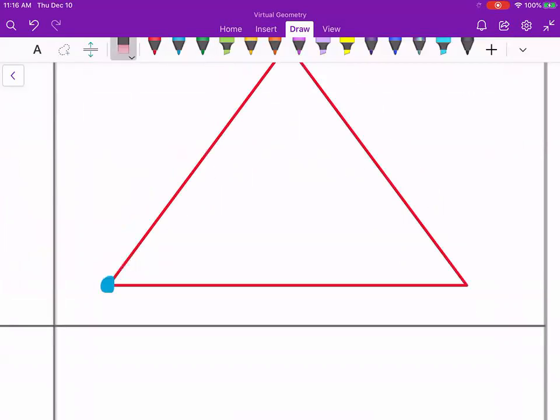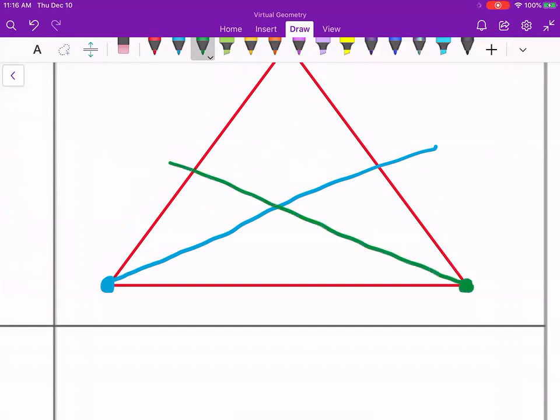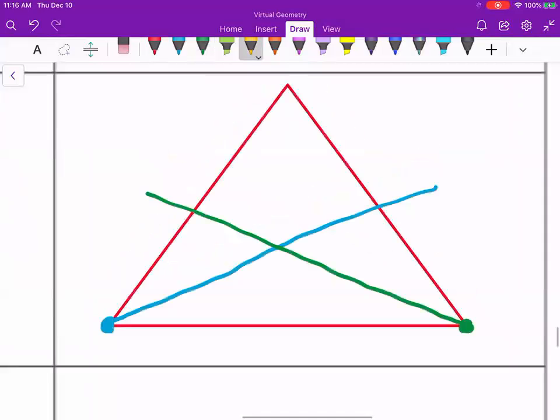Let's try that again. That's better. All right, so there's one. I'm going to do the same thing to the one on the right. Okay, and then I'm going to do the same thing to the one at the top. Okay, and the dot where they cross, that is the incenter.